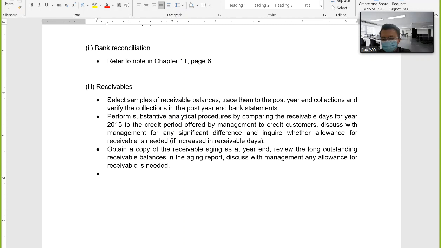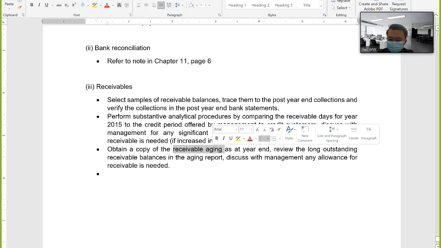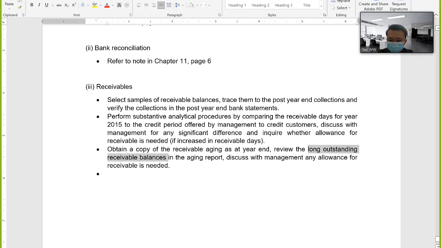Okay, receivable increase a lot. Maybe you look at aging, you can't find anything. Because when you look into the aging, you don't find long outstanding receivable. Do you know what is the reason? If you can't find the long outstanding balance, right, probably it's because management manipulated the accounts.